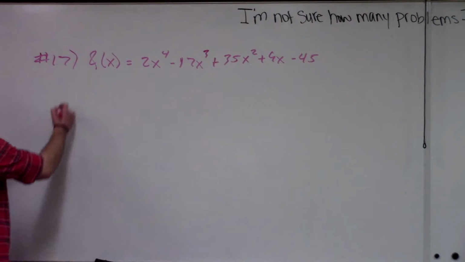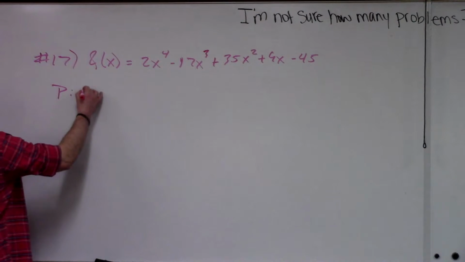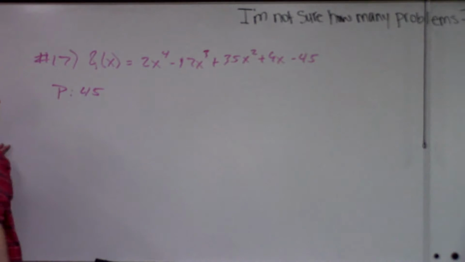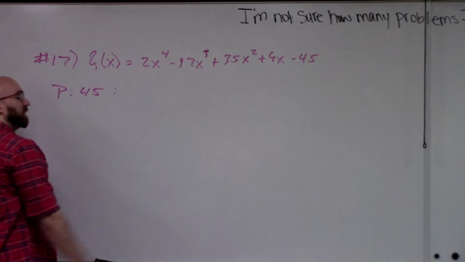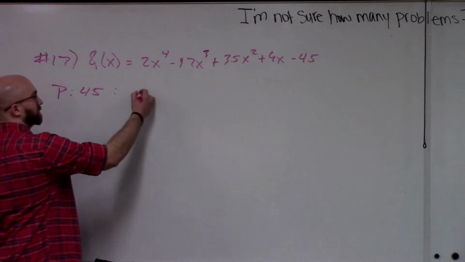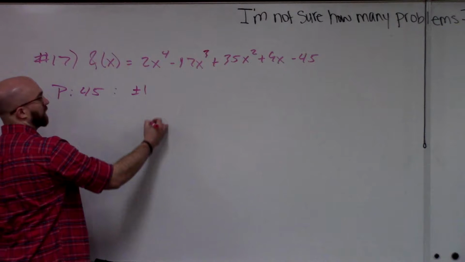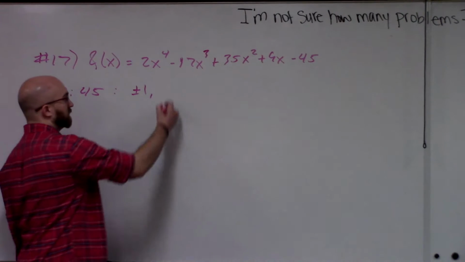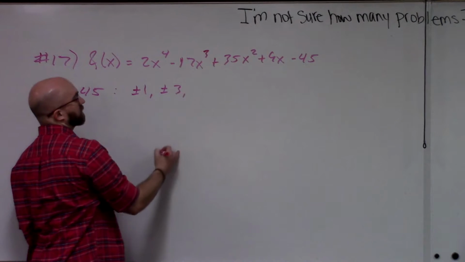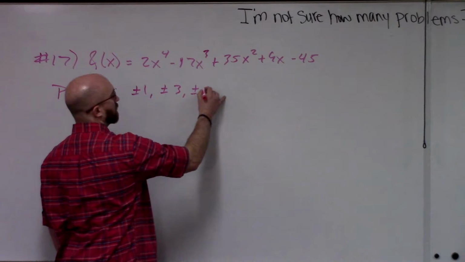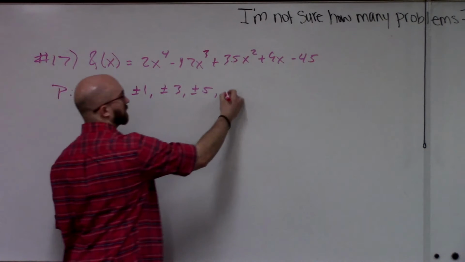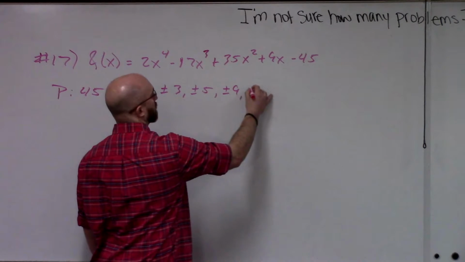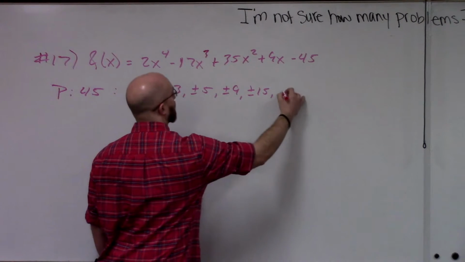So what is my key term? 45. What are all the factors of 45? 1, 3, 5, 9, 15, and 45, right?